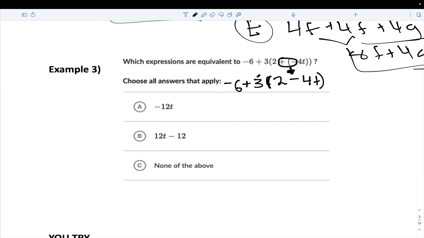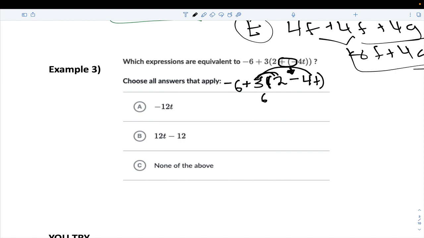Hayden, what would I do with the 3? If it's next to parentheses, what does it mean? What operation? Times. Yeah, and when we shake hands, we're going to keep going. 3 times 2, that's 6. And keep going from there. What's the next step?